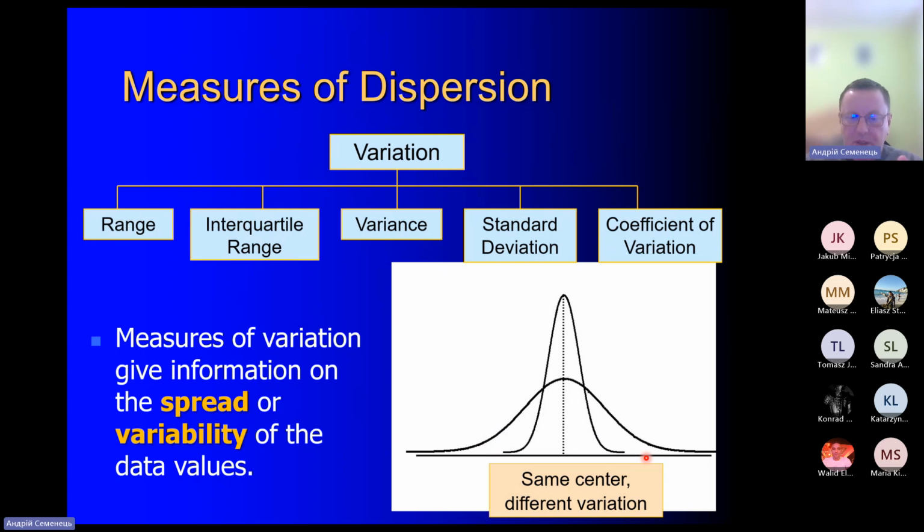But because the distribution of data is different, the deviation is different, the variation is different. This way we can distinguish our data sets and make conclusions without even having this picture. Just by having numbers, we can conclude that there is something different about those data sets.